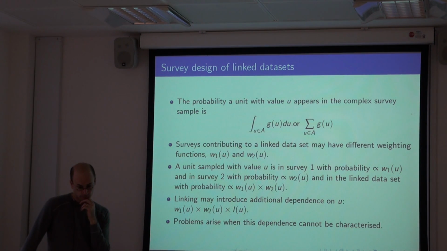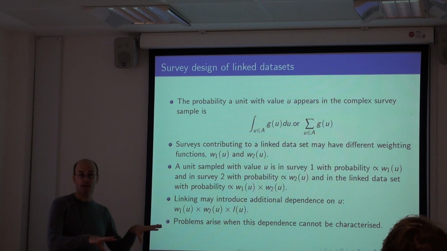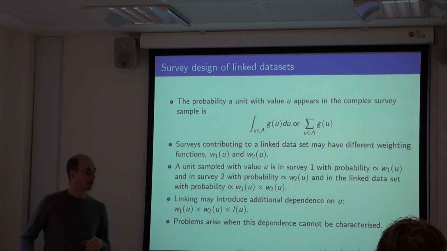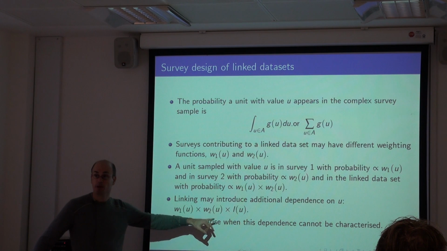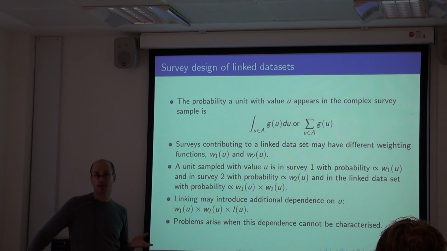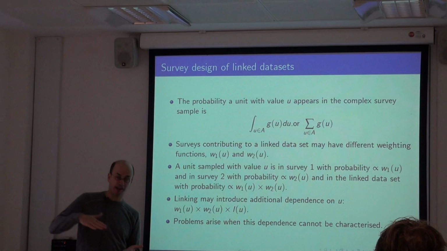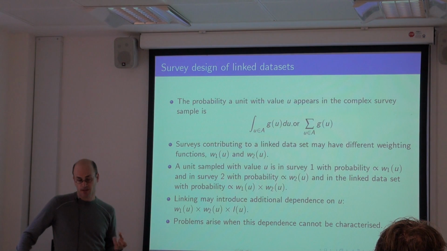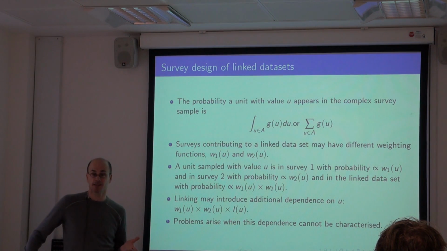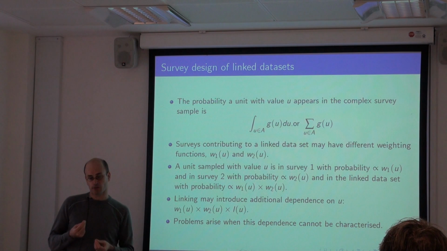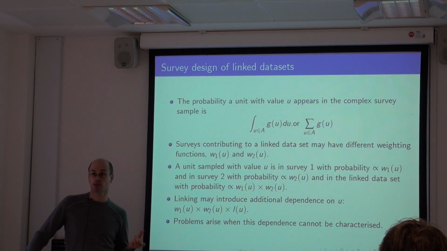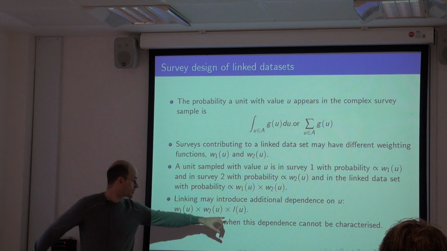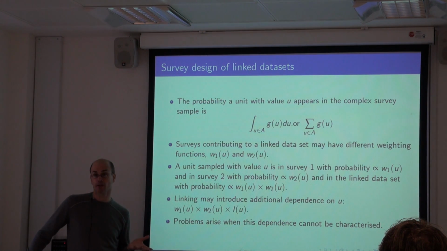So the first thing you need to do when that happens is look at the data that you have at hand, and record what is known about the weights, non-response, and the linking process. So what is known about the survey design, and how does it fail to attain the ideal perfect survey design? And in some cases, if they had a lot of resources when they were collecting the data, they may have some information recorded in the survey instrument that tells you information about L. And then you can correct the problem to some degree.